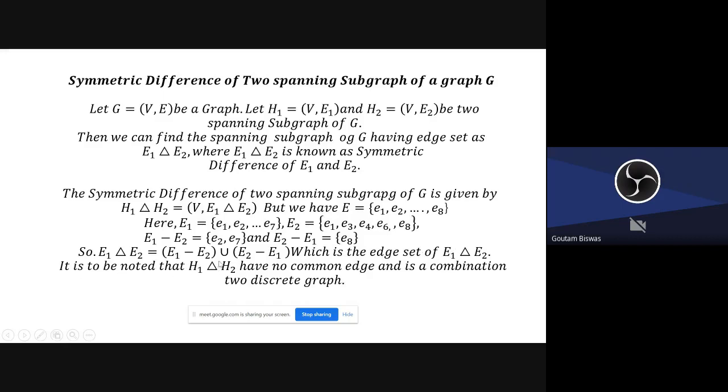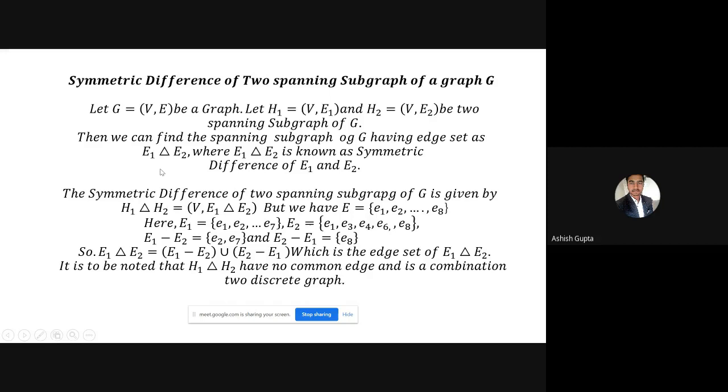It is to be noted that H1 delta H2 have no common edge and is a combination of two discrete graphs. So have you understood? I think this is the meaning. Now the spanning subgraph has V as the vertex set, the same, and this is the edge set.